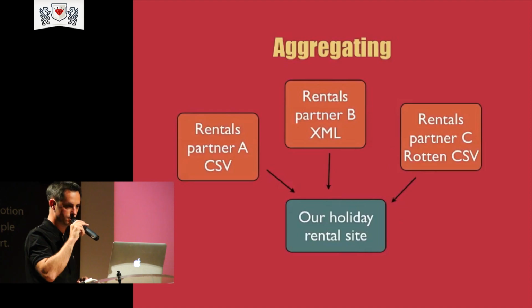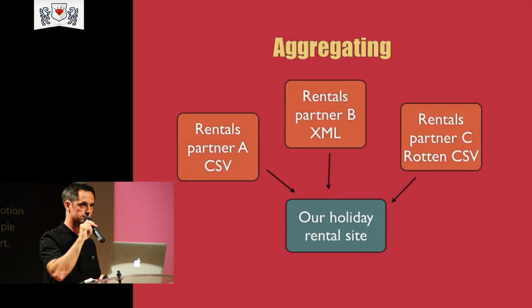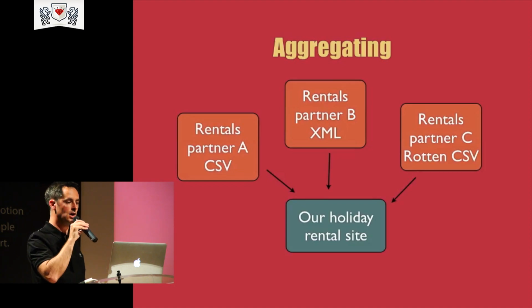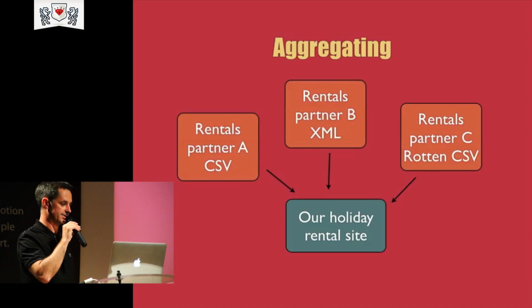And another pattern, almost the last one, is aggregating data. I know some of you in the room are doing that. Let's say you want to create a hotel or a rental site. You want to provide a consolidated experience to the end user where you have 3, 4, 5, 10 partners.